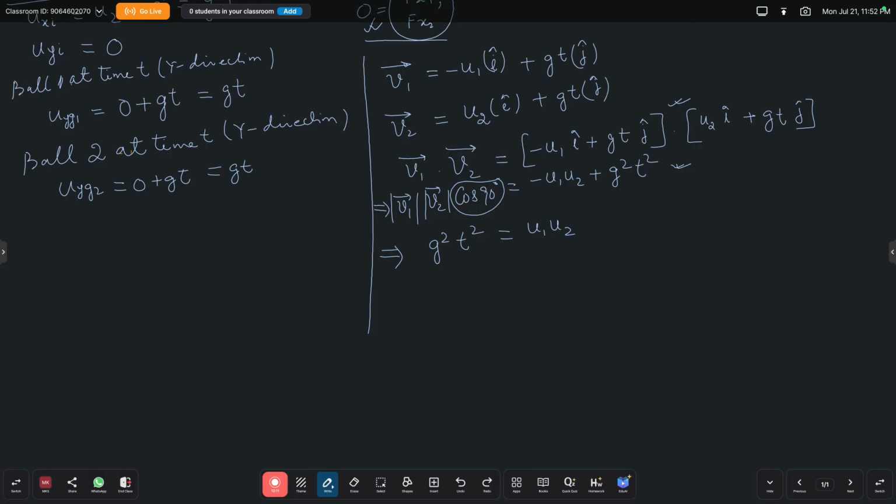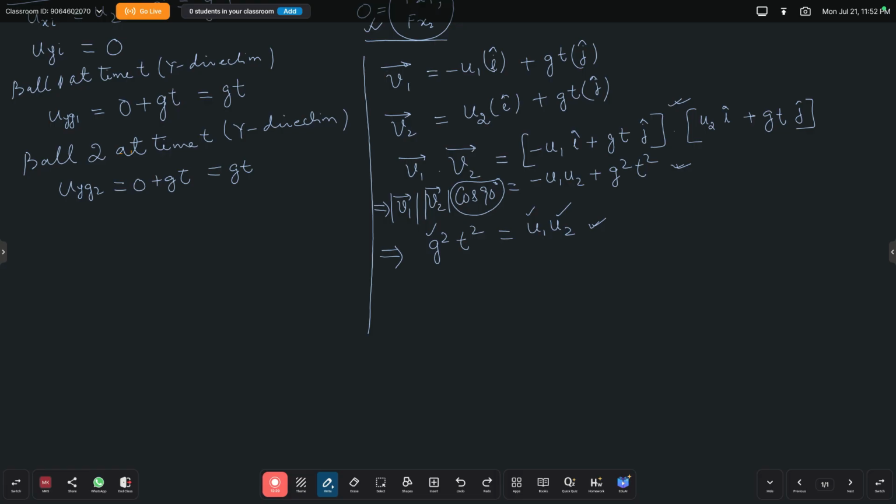In the question, it is being asked to find the height of the tower. In this equation, U1 is known, U2 is known, g is already known, so only t is left over.